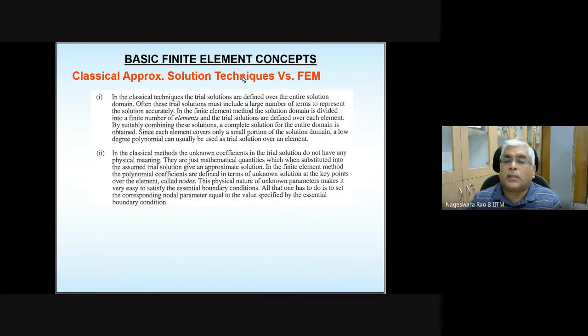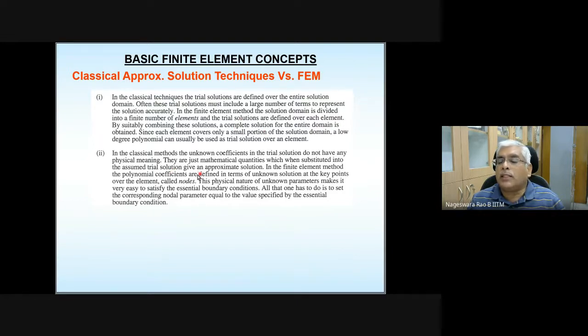The first point is, in classical approximate solution techniques, the trial solution is defined over the entire solution domain, whereas in the finite element method, we discretize the entire domain into small pieces, and in each piece we can use a lower order trial solution, a lower order approximation. Based on whatever we covered, you should be able to appreciate that the first point is addressed.